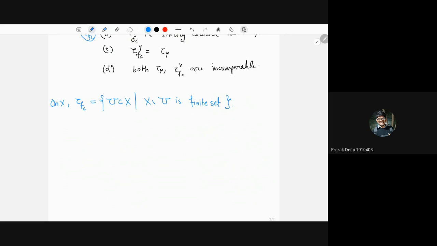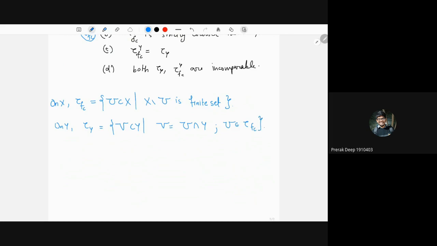On Y, we define the subspace topology from tau FC, whose open sets are V in Y such that V is of the form U intersection Y, where U is in tau FC.